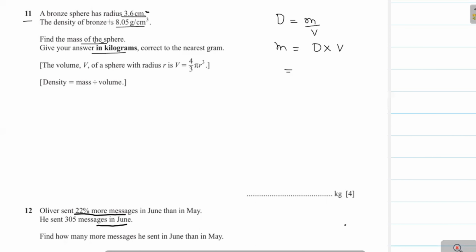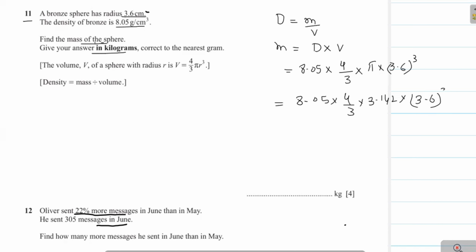Now the density here is given as 8.05. Multiply by the volume, which is 4 over 3 pi r cubed. The r here is the radius, 3.6 cubed. We calculate this value: 8.05 multiplied by 4 over 3 multiplied by 3.142 multiplied by 3.6 whole cubed.